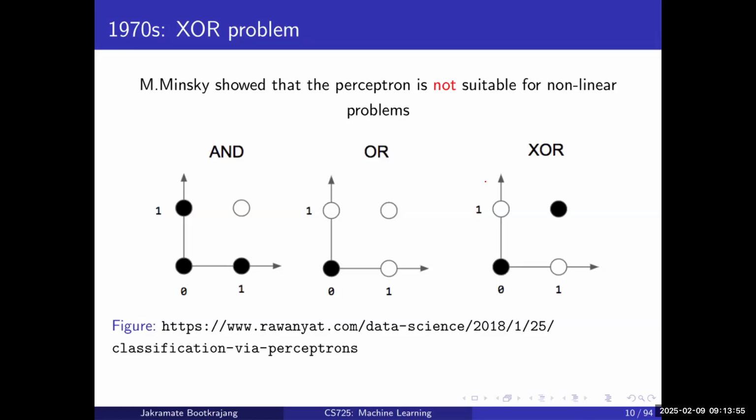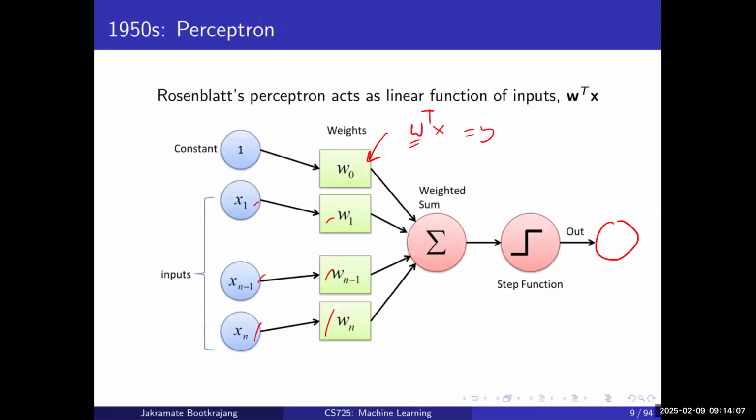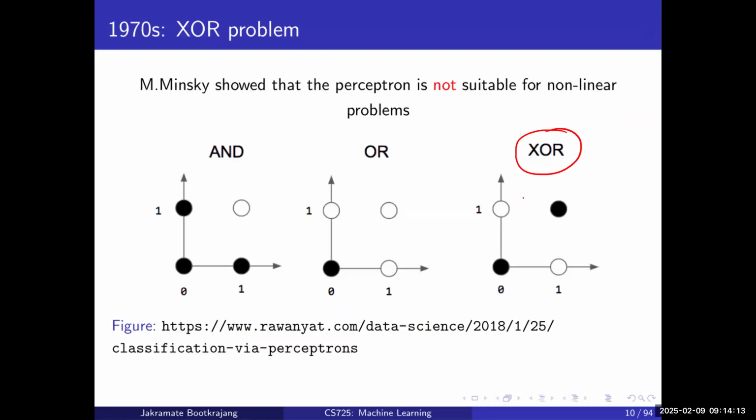And what happens if I want an XOR gate, right? When we need an XOR gate, we cannot just use a perceptron, right? How can we design the weight to have this kind of behavior? Basically, if either one of them is on, the output will be on. But if both are on, the output will be off. If both are off, the output will be off, right?